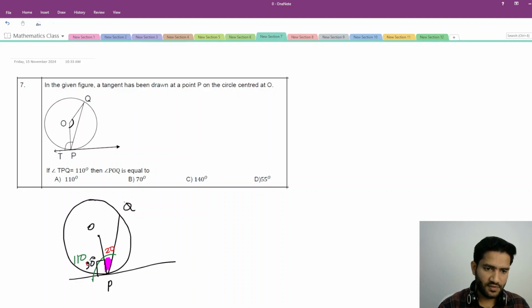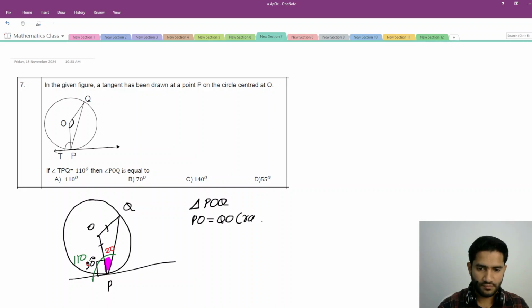Look at this triangle. OQ and OP are radii, both are equal. So in triangle POQ, PO equals QO, that means it is an isosceles triangle.